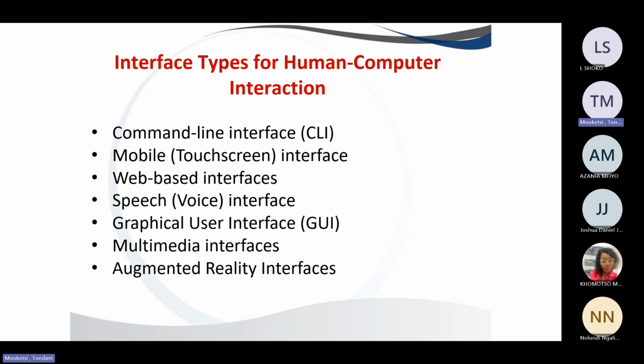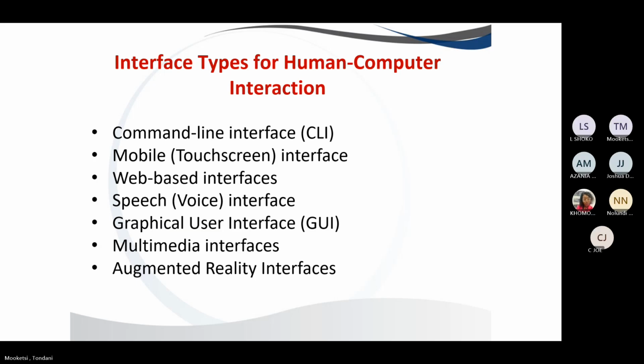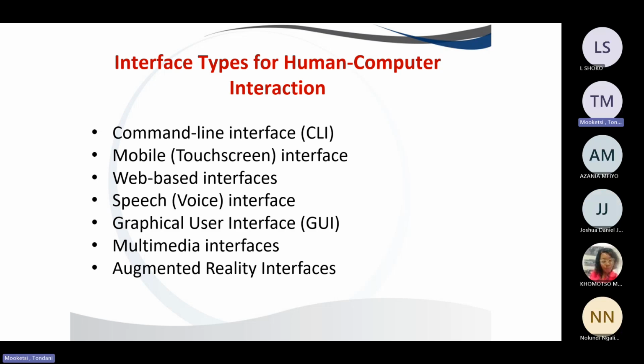Then the graphical user interface is the one that I spoke about earlier, which provides menus and icons and buttons for the user to interact with the computer. Multimedia interfaces. So multimedia involves graphics and video interfaces.